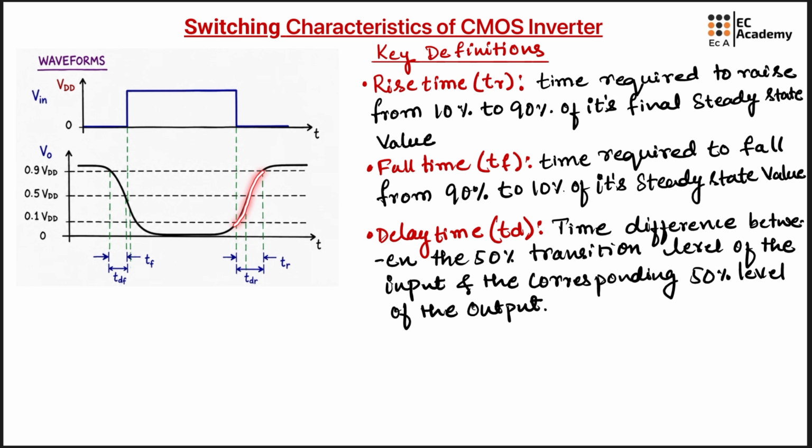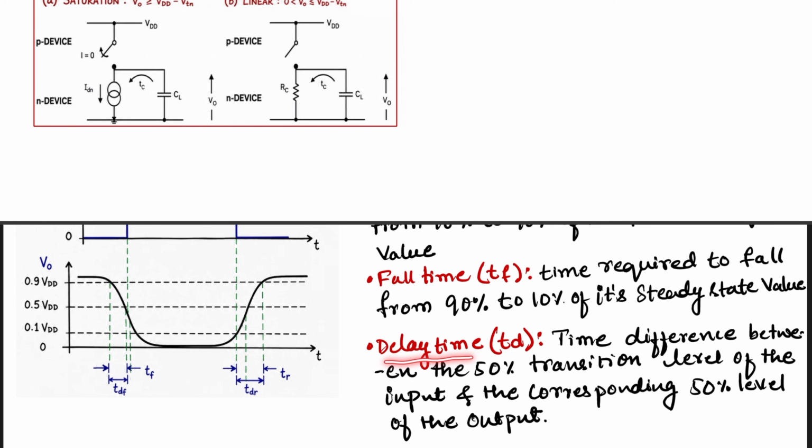This gives the rise time TR, and the delay associated with rise time is TDR. So remember these three terms. Rise time tells us how fast the output rises. Fall time tells us how fast the output falls, and delay time gives us the propagation delay that tells us how long the output takes to respond to the input transition.